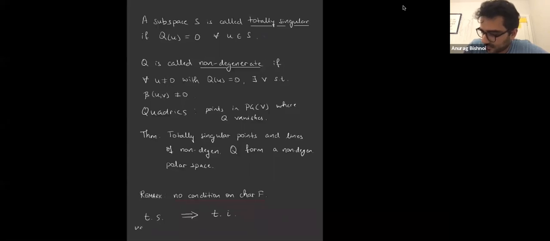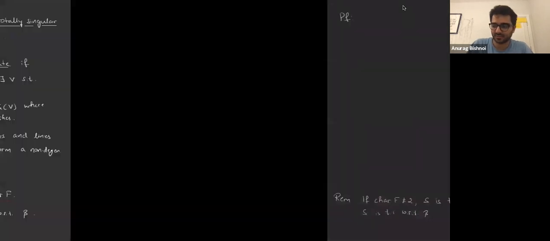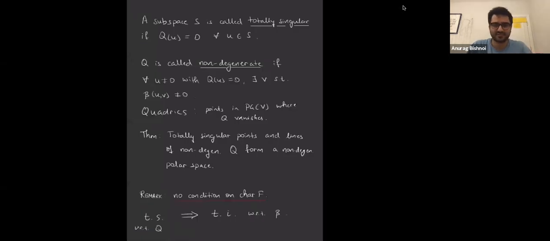This is with respect to the quadratic form, and this is with respect to the related bilinear form. So they do form a possibly degenerate polar space because they are totally isotropic with respect to a symmetric bilinear form, but non-degeneracy you have to check using this Q. It's the same trick that you saw before, and you can do this yourself.